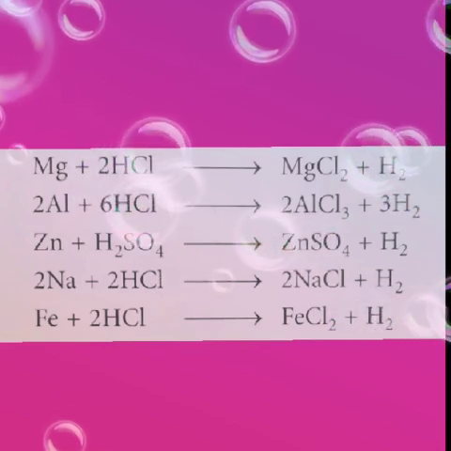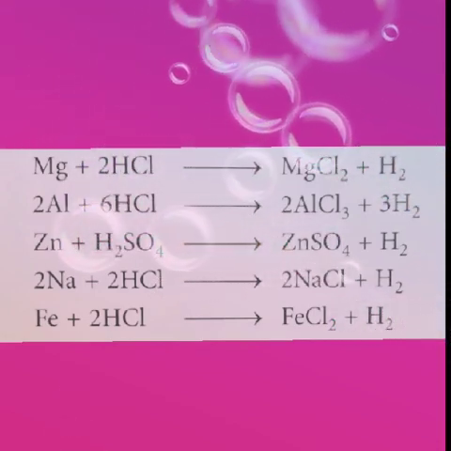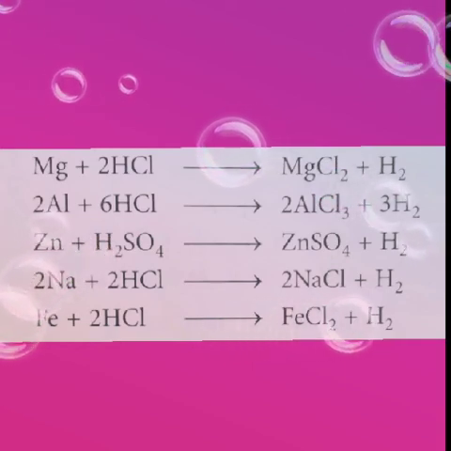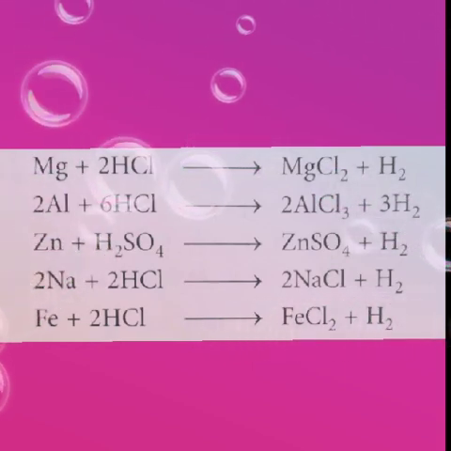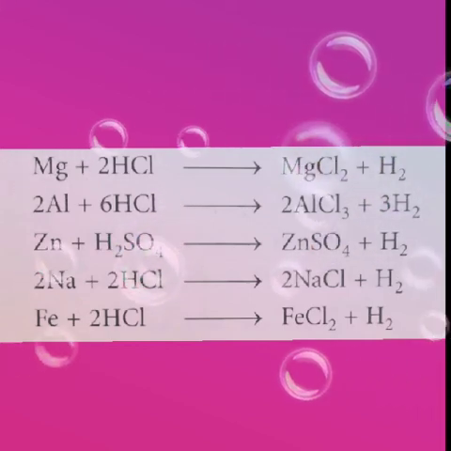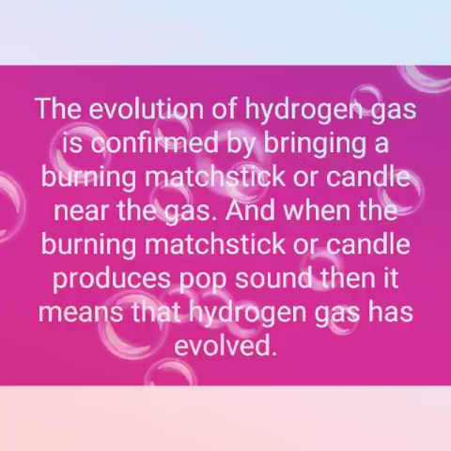Here you can see some examples of metals reacting with some of the acids. In all the cases, you see that a metallic salt is formed. Along with that, hydrogen gas is being evolved in every reaction.